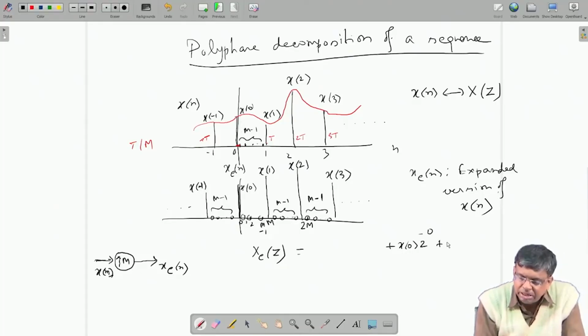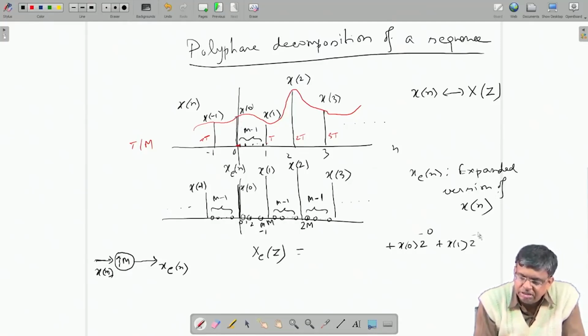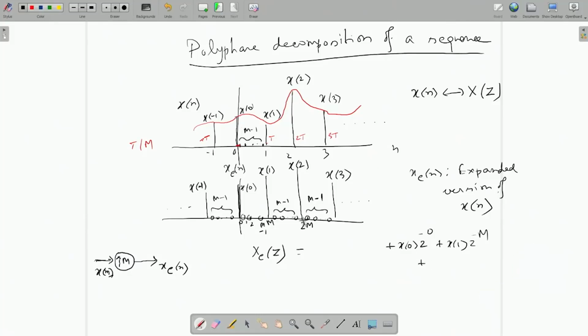The next sample is x1, but it is z to the power minus m, because the sampling point has changed, the index has changed. Then again zeros do not mean anything, then at the 2mth point you have x2 z to the power minus 2m.